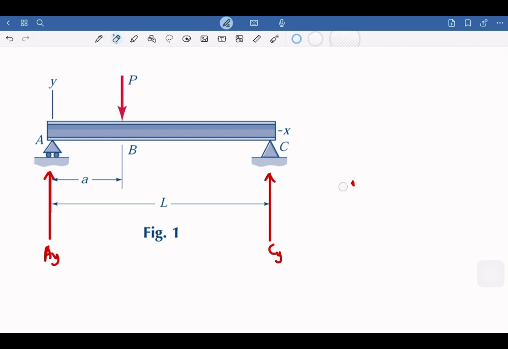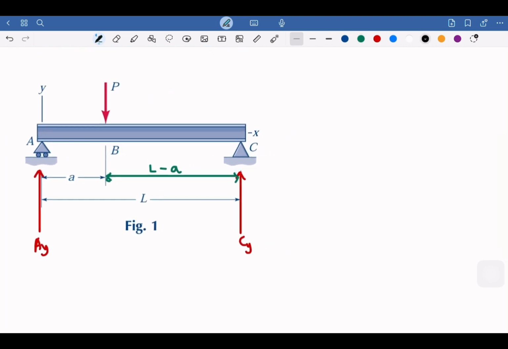Because there are no horizontal forces. So suppose that these are all the forces that are meaningful in our diagram. And because the beam has length L, I can also describe this BC as L minus A.